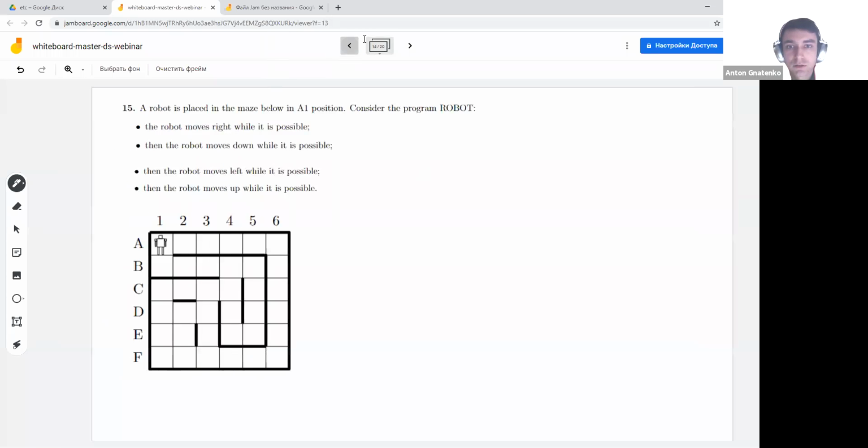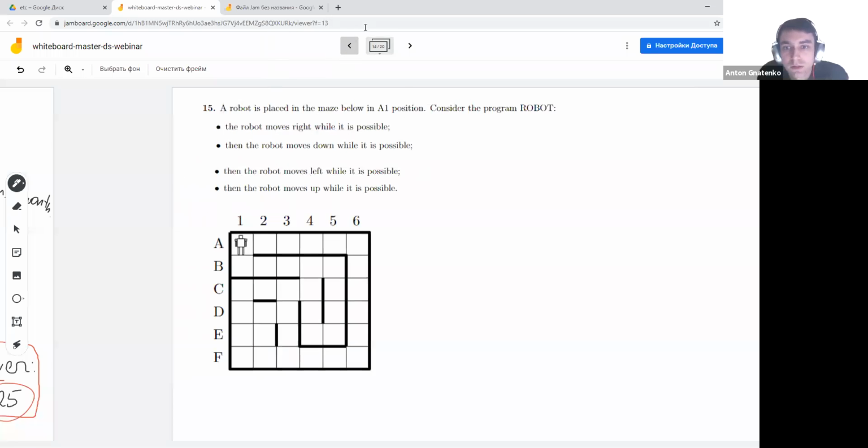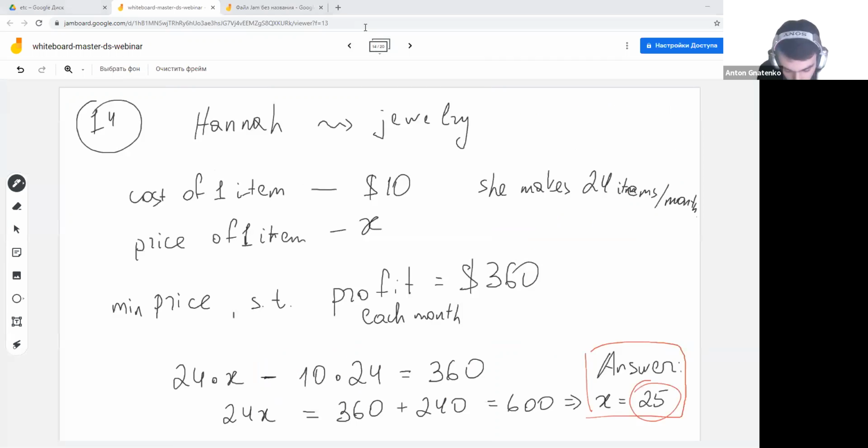If there are any questions about these problems, I'll answer them. The problems we considered so far were more about computation, and we will have a couple of such problems in the future, but then we'll start solving some more tricky problems, and I believe it would be more interesting.